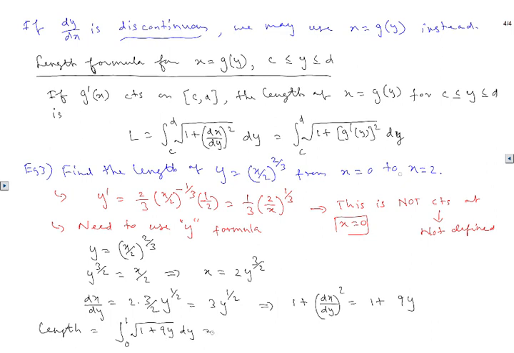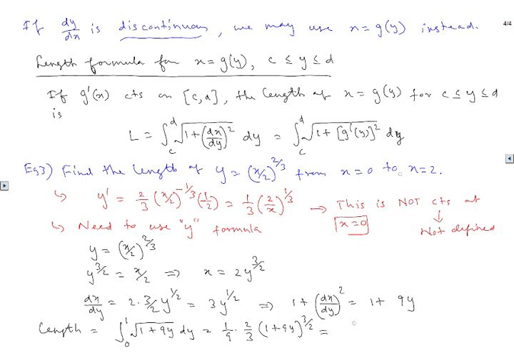This is very easy to integrate. You multiply and divide by 9, so you get 1 over 9, and then you can simply treat this 1 plus 9y as x, so it is 2/3 times 1 plus 9y to the 3/2.